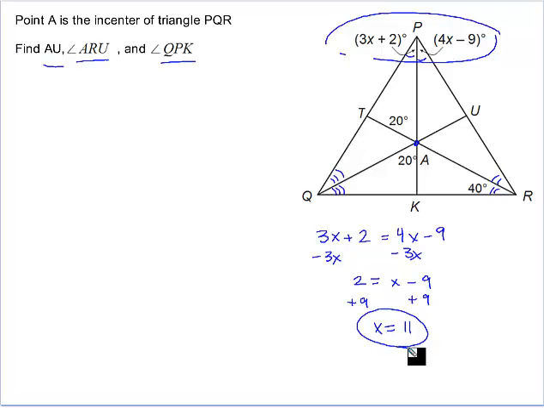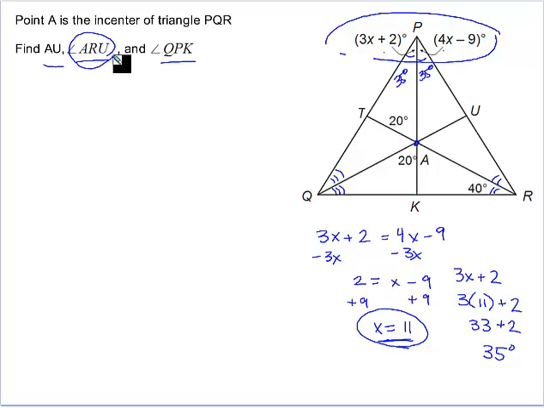Since we want angle measures, we're going to have to plug this 11 back into either one of those. So we'll plug it back into 3x plus 2. So 3 times 11 plus 2. 3 times 11 is 33. Plus 2 is 35 degrees. So each of those angle measures is 35 degrees.